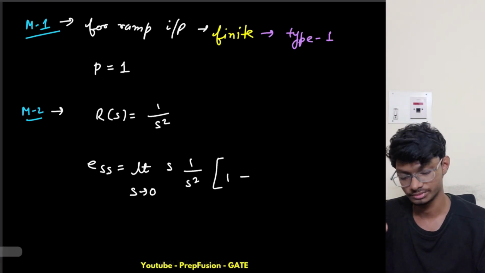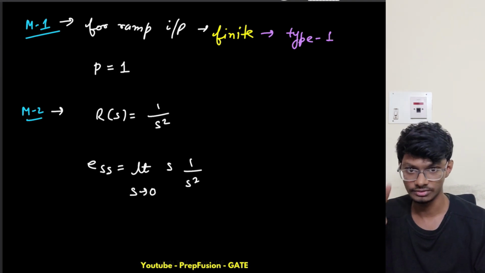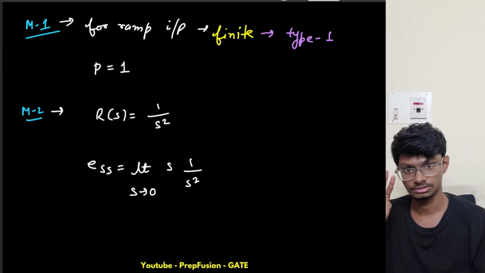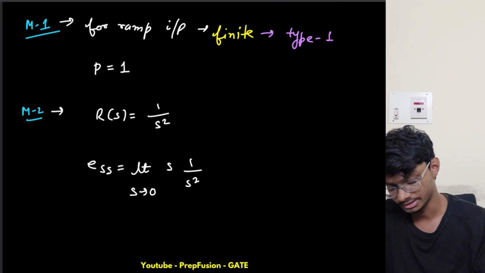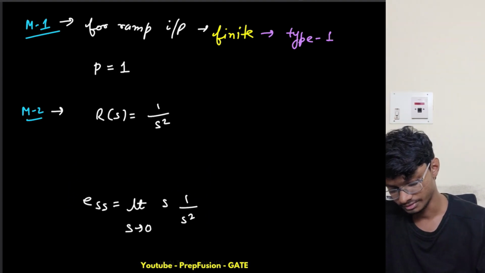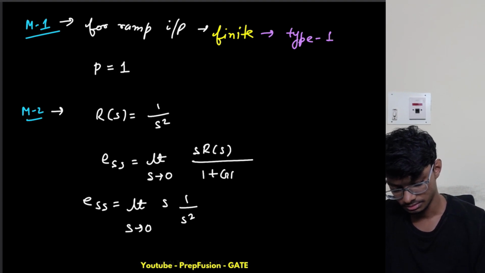I will switch between formulas. These are simple to remember: E of s is R of s divided by 1 plus g of s. So I will write it down: E ss is limit s tending to 0 of s R of s divided by 1 plus g of s, right?